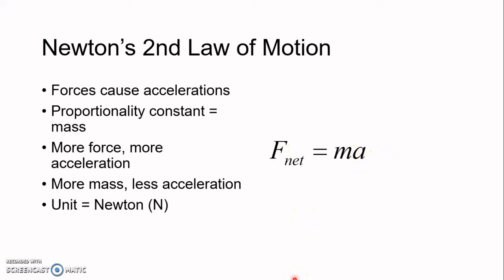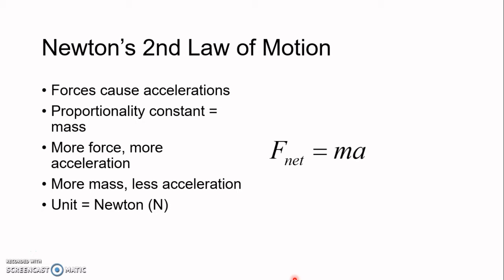This is perhaps one of the two or three most well-known equations in all of physics. Basically what it says is the more force you have, the more acceleration you have. But the more mass you have, the less acceleration you have. Put into terms we've already talked about, force and acceleration are directly proportional, but mass and acceleration are inversely proportional.